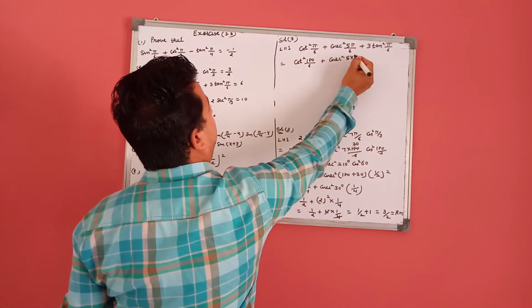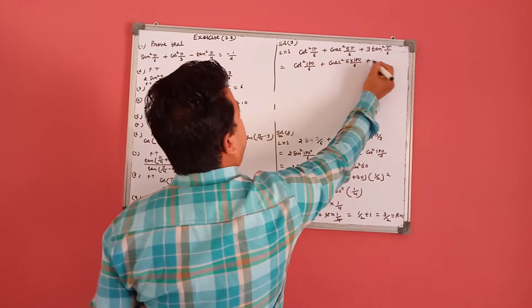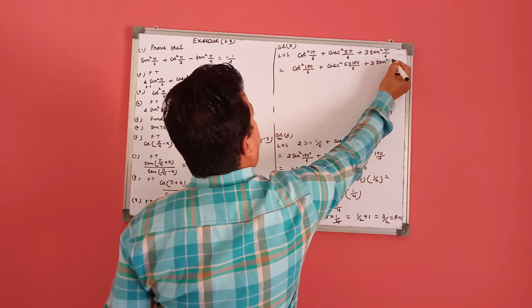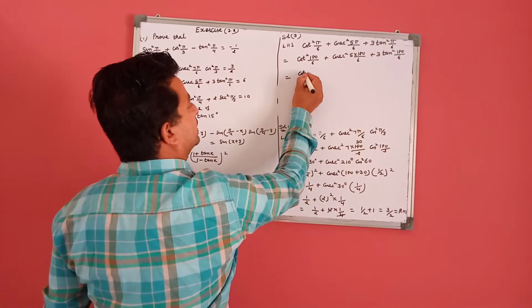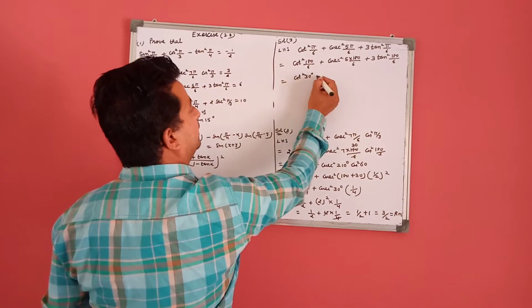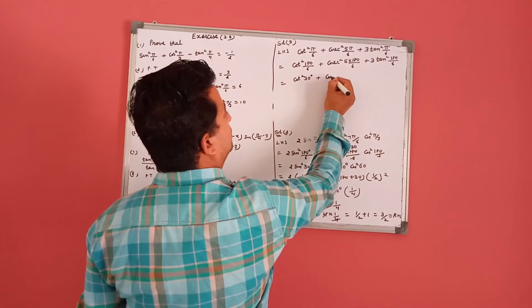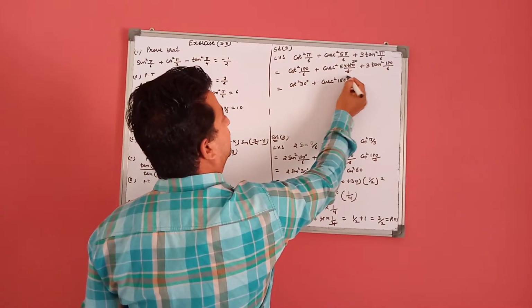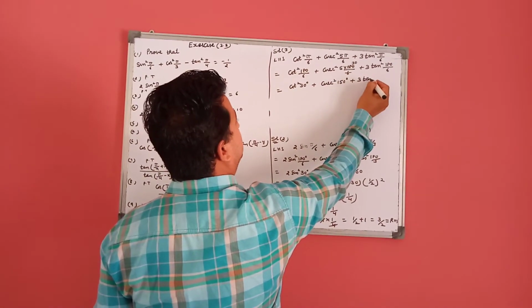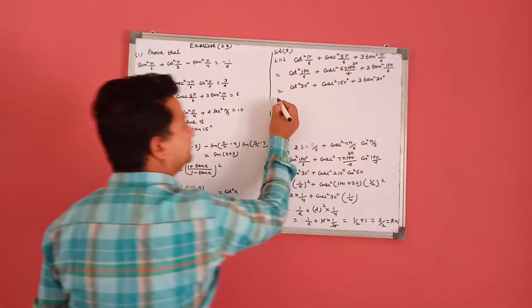This becomes cot square 30, this becomes cosecant square 150, and this becomes tan square 30.